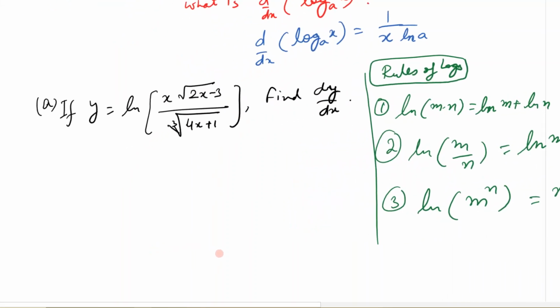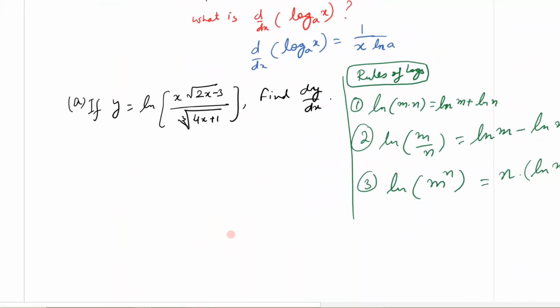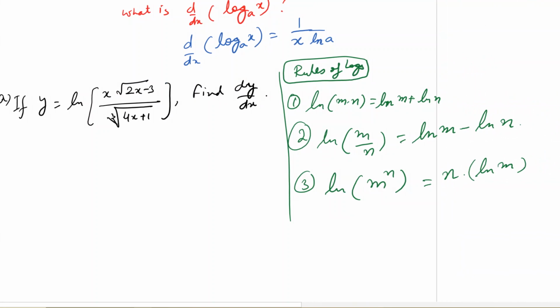These are our rules of log functions that we're going to use in our problems to simplify them. So now let's take a look at this one, ln of all this. First I'm going to rewrite my function, applying the rules of logs. So y is equal to ln of, first using rule number 2, which is our quotient rule, x square root of 2x minus 3 minus ln of the cube root of 4x plus 1.